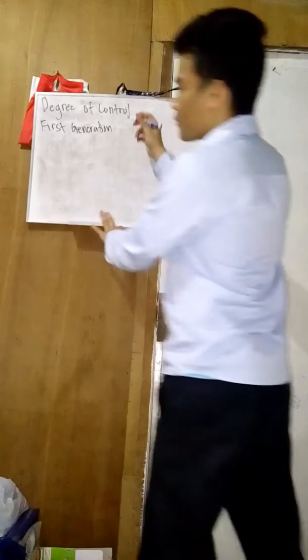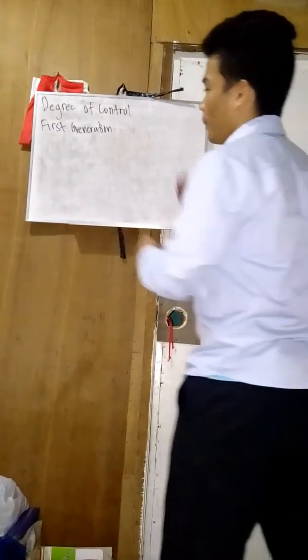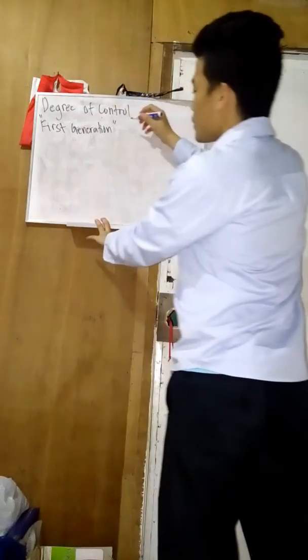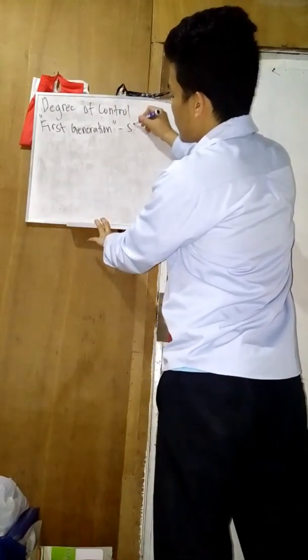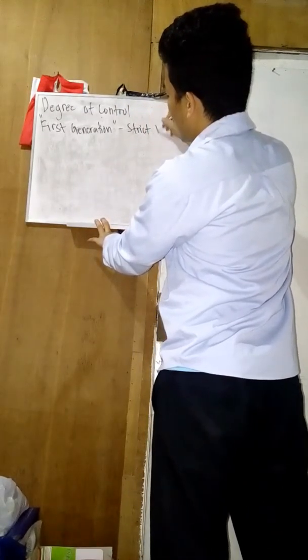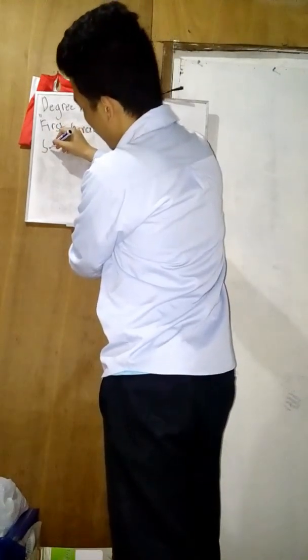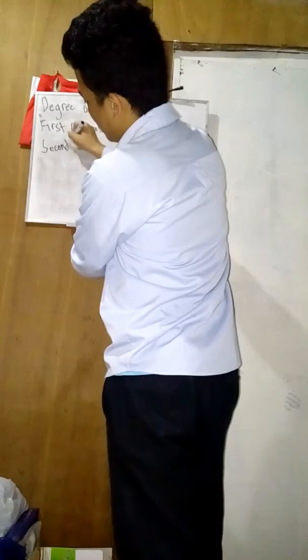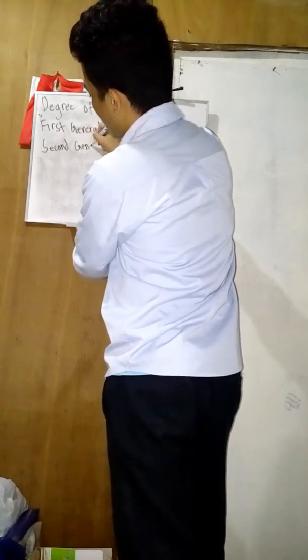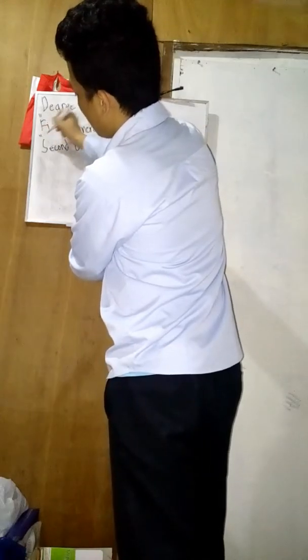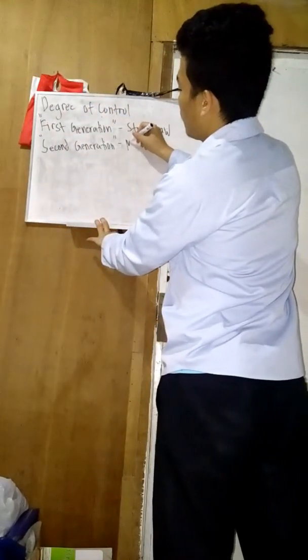This is the earlier form of the rent control law. Based on the research, it has a strict control. However, the second generation has a moderate control.